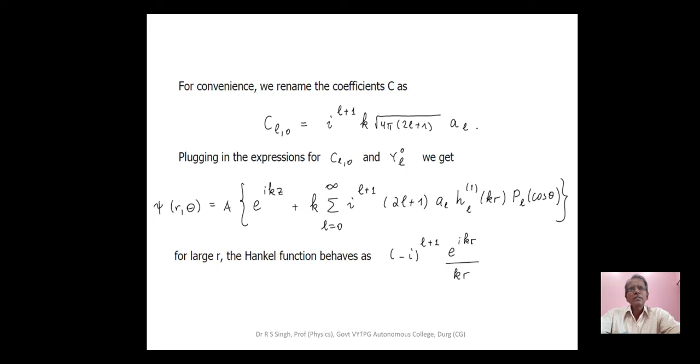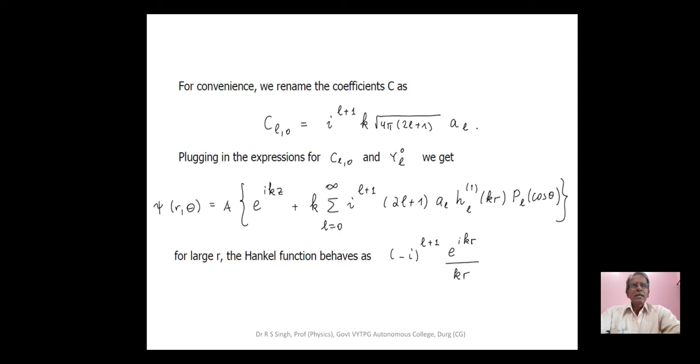Putting the values of C_l0 and Y_l0, we get the wave function ψ as a function of r and θ equal to A exponential ikz plus k summation over l from 0 to infinity i to the power l+1 (2l+1) A_l h_l^(1)(kr) P_l(cos θ).